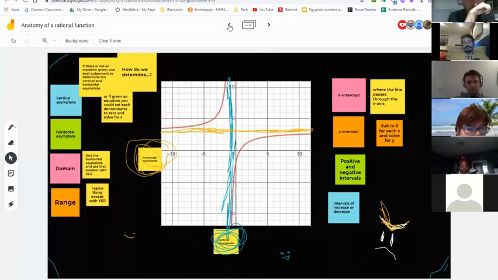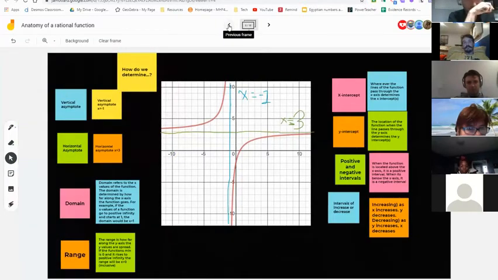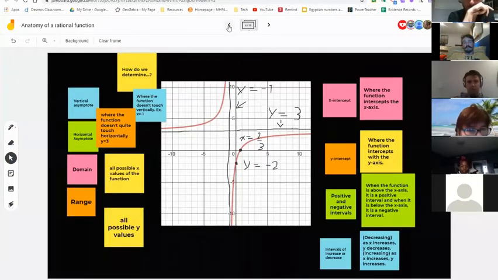Okay, all right. Let's see our friends here. Group 5 told me what the horizontal asymptote was, but they really didn't tell me how to determine it. And don't worry, because this is relatively new, so this is a bit of a stretch. Here, team 4 tells me where the function doesn't quite touch horizontally.